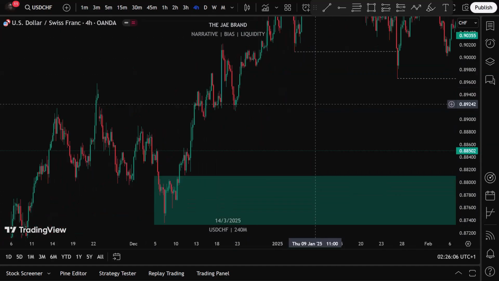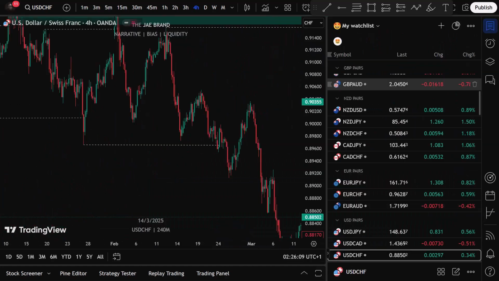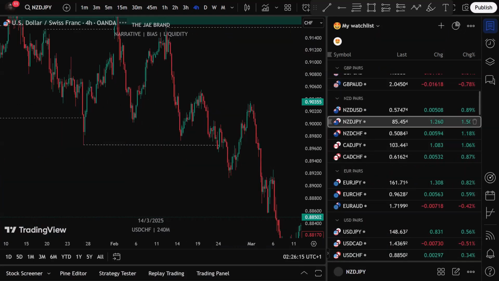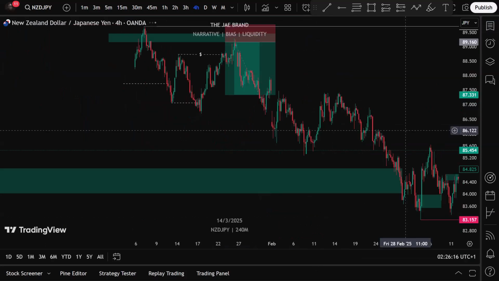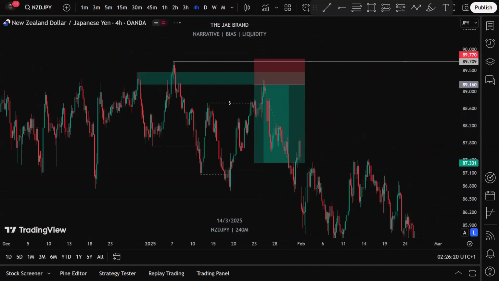I've shown us two buy examples. I think I had a sale on NZJPY some weeks ago. The same thing is what I'm looking out for.